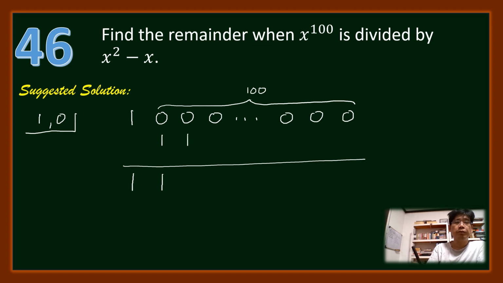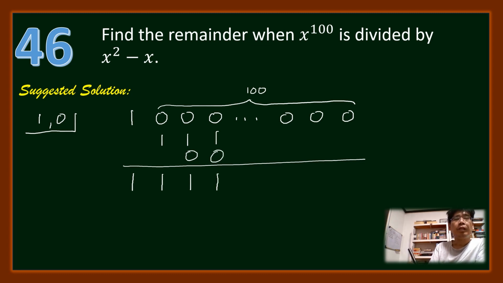And then the previous coefficient is to be multiplied by the second divisor. 1 times 0 is 0. Then we add 0 plus 1 plus 0 is 1. And then the sum will be multiplied by the first divisor again. 1 times 1, that's 1. And then the previous, that is also 1, multiplied by the second divisor, that is 0. Then this will be 1.